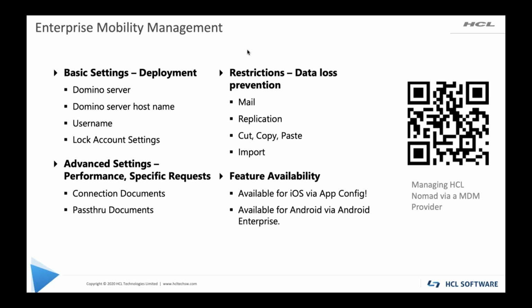So all the end user has to do at that point is press next through the configuration panels, enter the Notes ID password, and that is it. It really helps streamline that setup process for the end user. So if you're an admin, a nice tip and trick is to take advantage of the different ways that you can manage HCL Nomad.